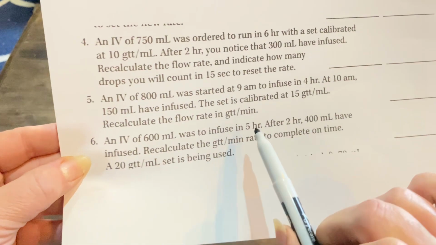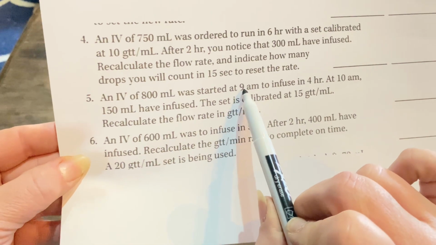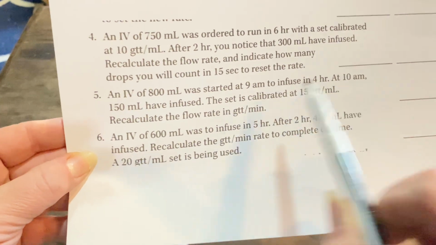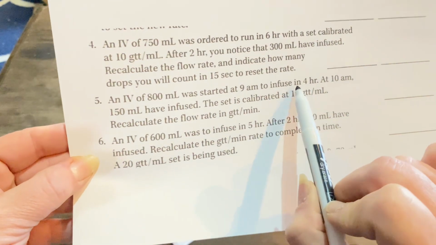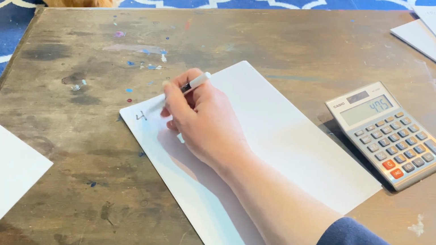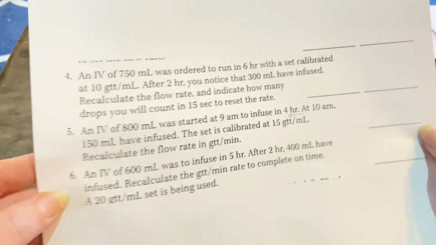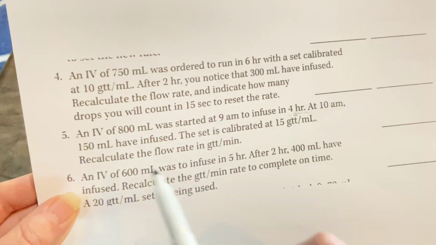Okay. So it was started at 9, and this happened at 10. That's 1 hour. It was supposed to go over 4 hours, so 4 hours minus 1 hour is 3 hours. That's the time we had to deal with.